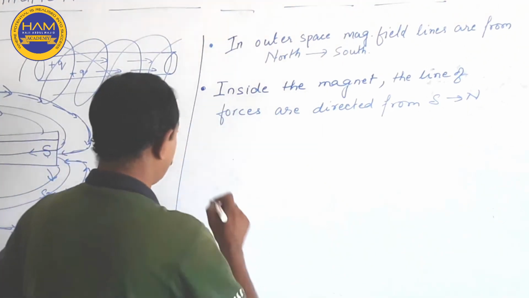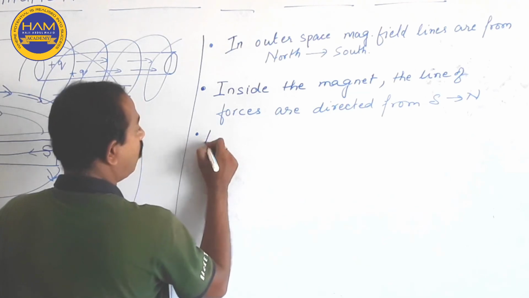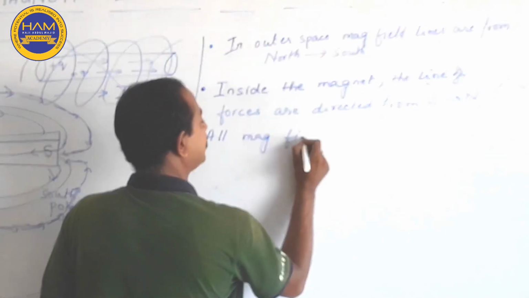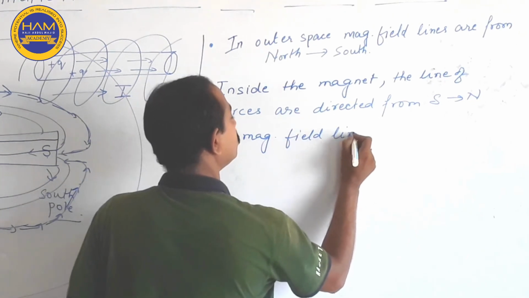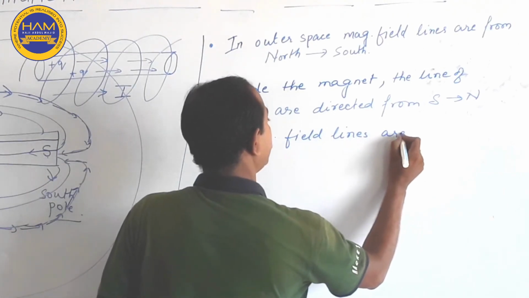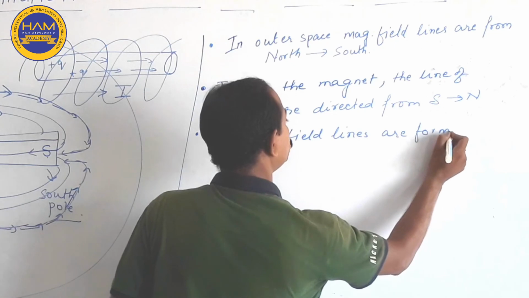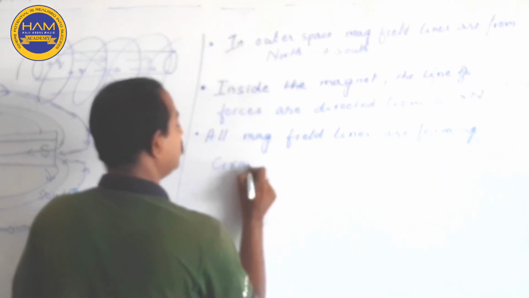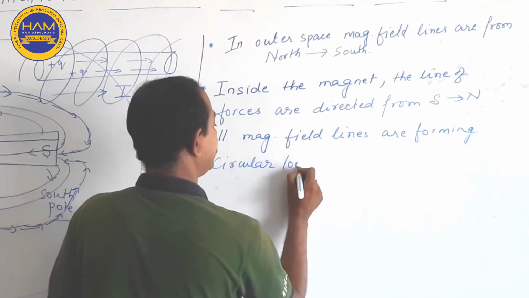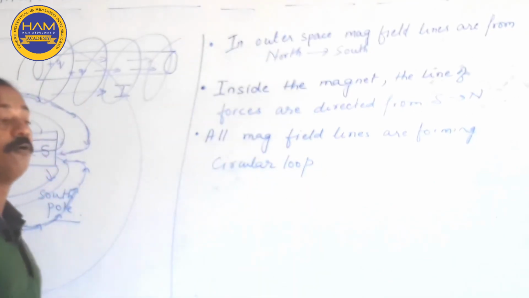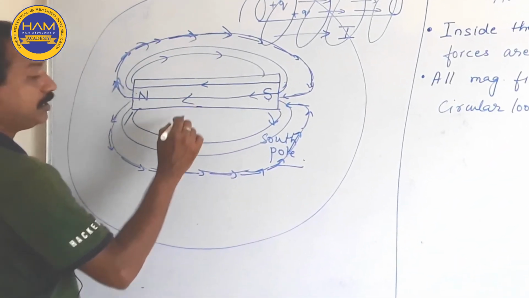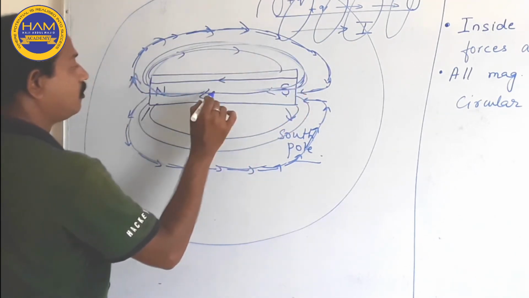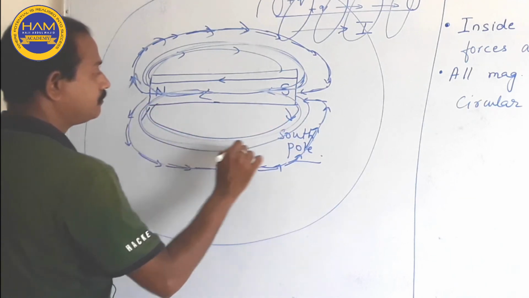Third thing, we have seen all magnetic field lines are forming, what they are forming, students? Yes, you are right, they are forming circular loops. If we continuously see, it is forming a circle over here.